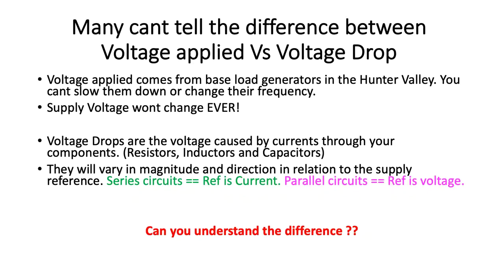So in a series circuit, the reference is current, because it's the one common thing through a series AC circuit. In a parallel circuit, the reference is voltage, because the voltage is the common thing in a parallel circuit. So you must understand the difference between voltage applied and voltage drops around a circuit.